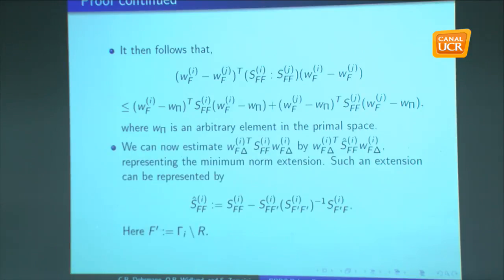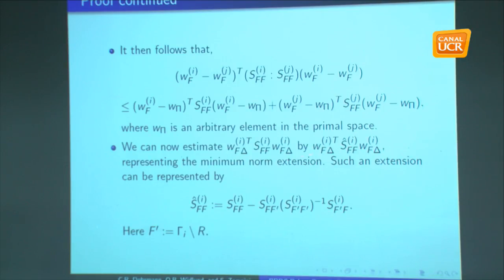So we have this localization. And now we can estimate, so I call this is just the dual part, which I call this. Okay, so if you can estimate this by this quantity, what is this?